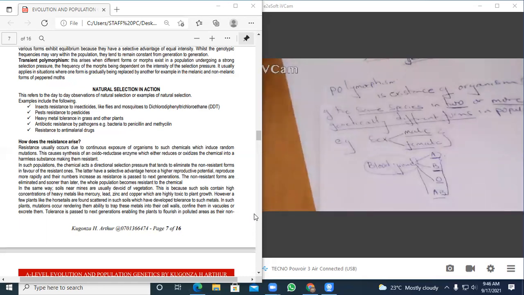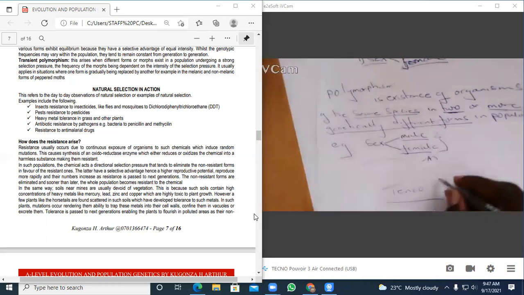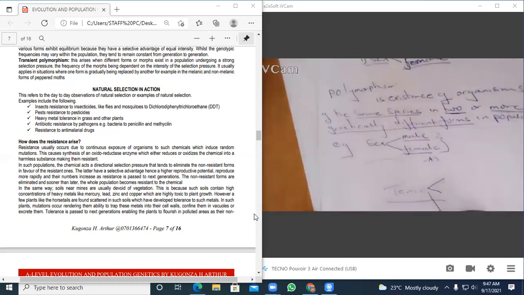You find organisms of the same species. I can give you an example. Most of you have phones, Tecno phones. But under Tecno phones, you'll find different types: Camon 15, 17, 12, Spark, you know those types.